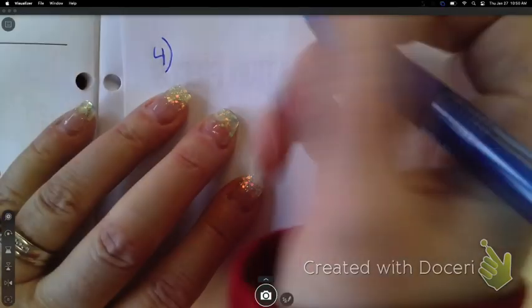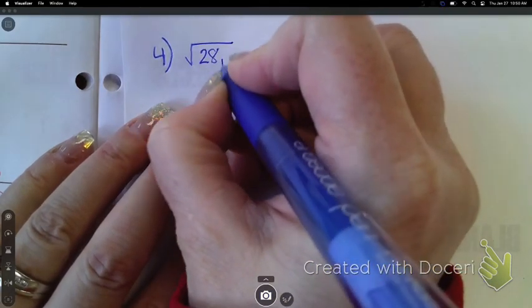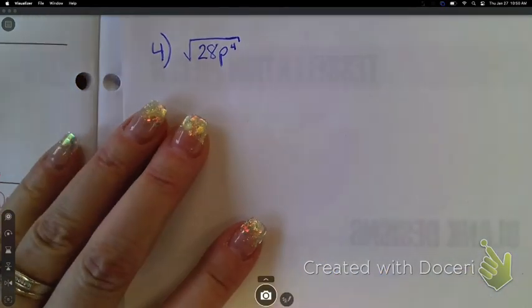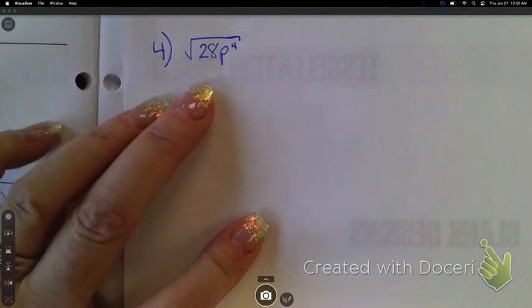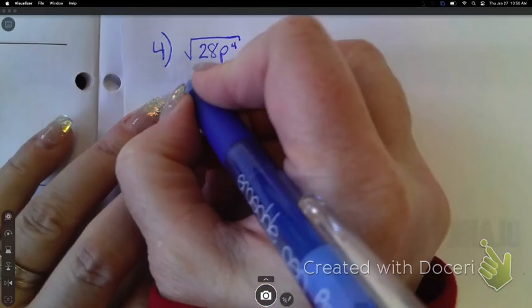Okay, so 4 is the square root of 28 p to the 4th. So Mason, you should be doing every single one of these with me. So on 28, the perfect square in 28 is what? 7 and 4.